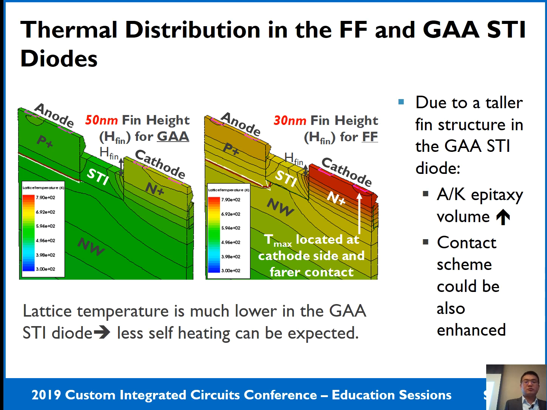Then the simulation result further proves it. As I mentioned, due to the taller fin height in the Gate-All-Around STI diode, it has a larger epitaxy volume. It's beneficial for contact scaling and also beneficial to thermal dissipation. So then the lattice temperature will be much lower in this taller fin height Gate-All-Around STI diode compared with the FinFET STI diode.